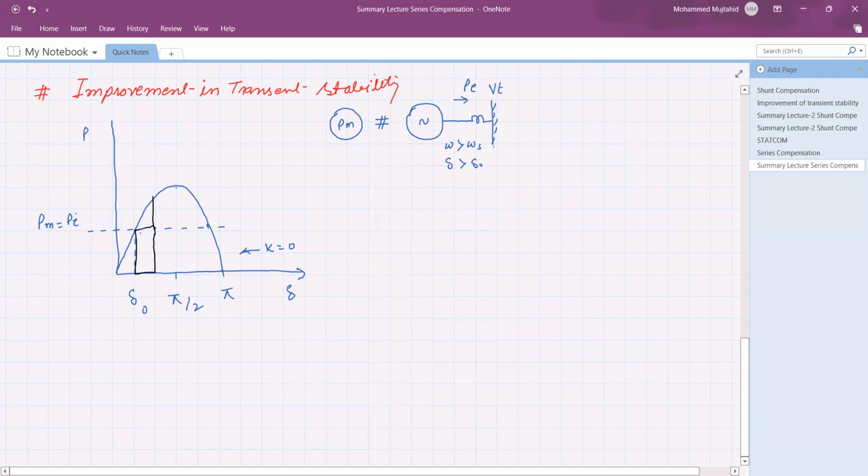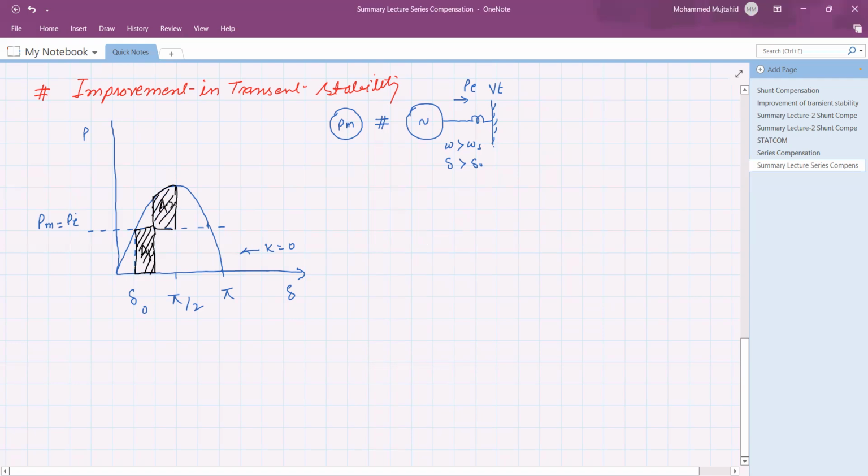So this region, this area is the acceleration area, or energy during this acceleration, isn't it? And as it is not going to come to the equilibrium, it will oscillate. So let the oscillation be up to this value, and when the area A1 and the area A2 become equal, the system becomes stable.